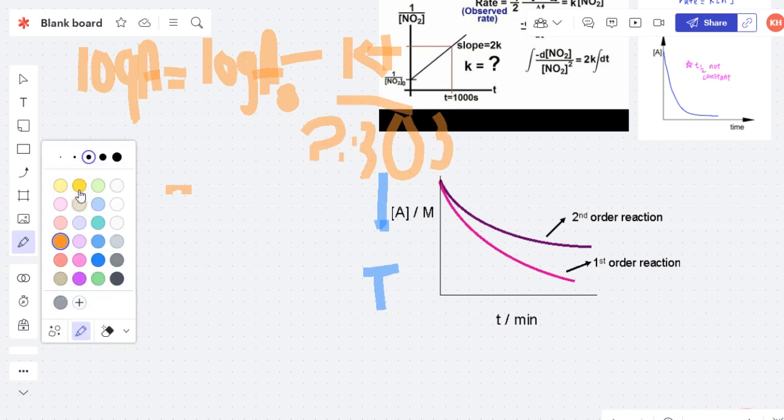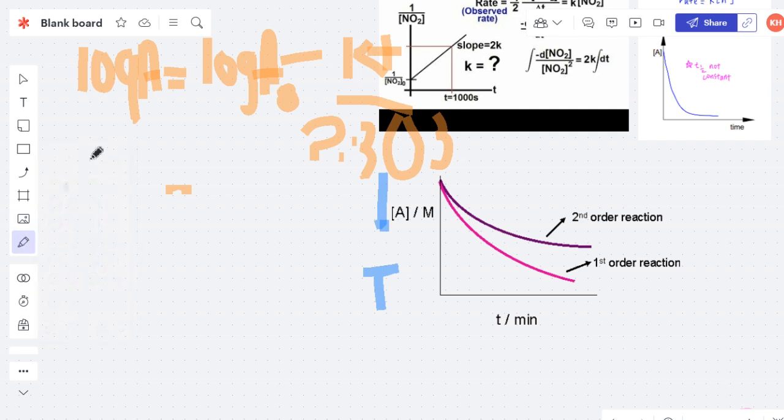It would look something like this, which means log a is equal to minus k divided by 2.303 times t, plus log a naught. I have just simplified it a little bit.